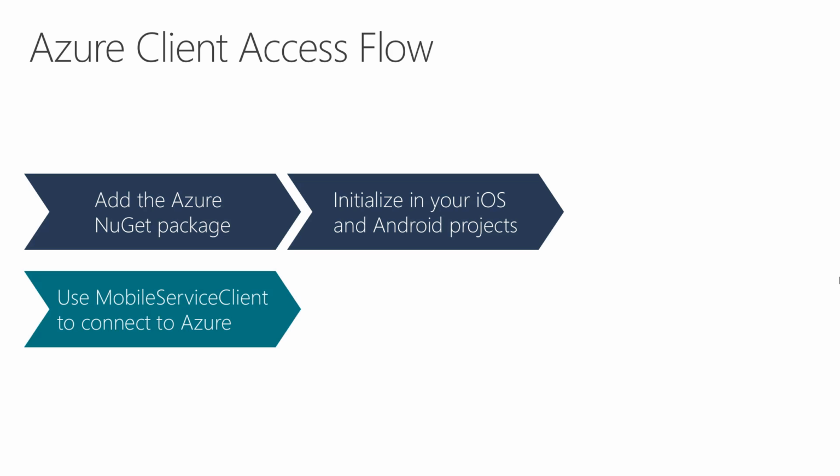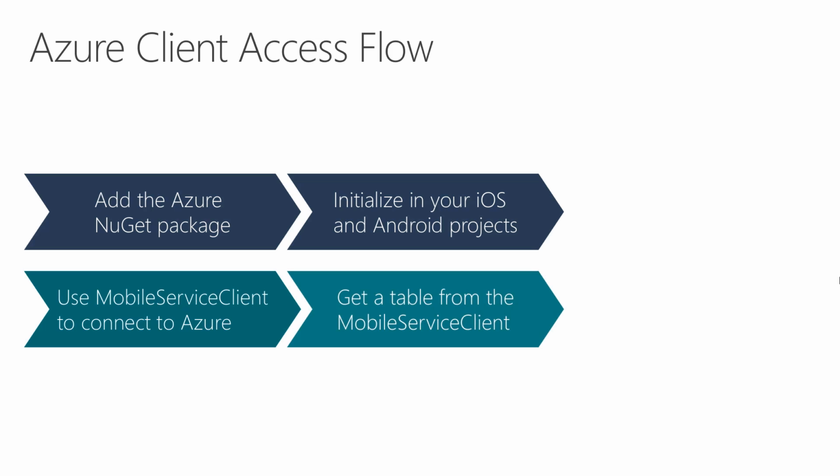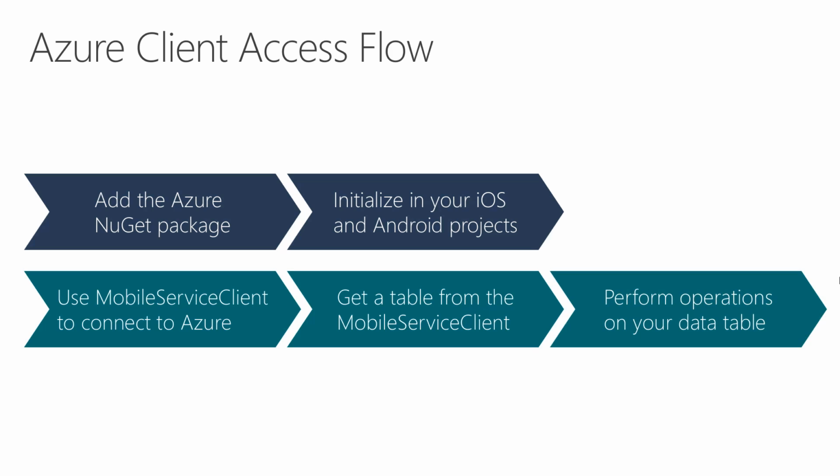And then we use the Mobile Services Client object, which is an Azure SDK type, to talk to our Azure services. It's responsible for managing the connection between your application and the Azure App Services. To interact with data stored in Azure, you'll need a table object, which you get from the Mobile Services Client instance. And a table object provides methods to perform standard operations like create, insert, update, and delete.